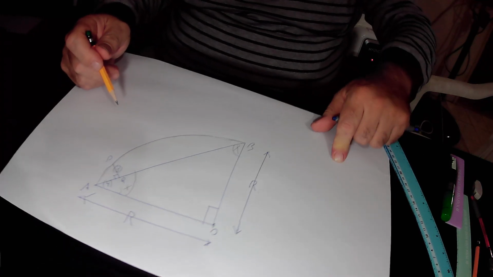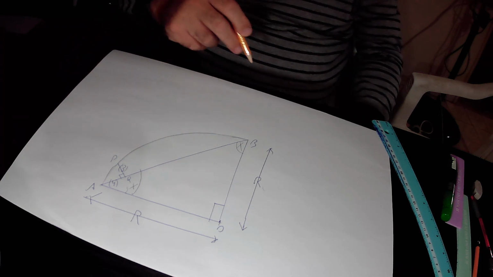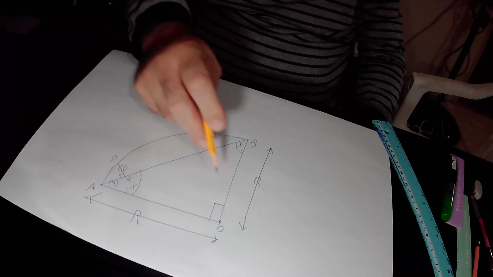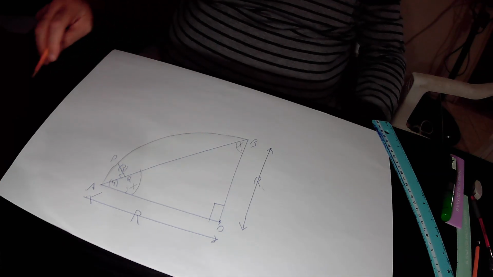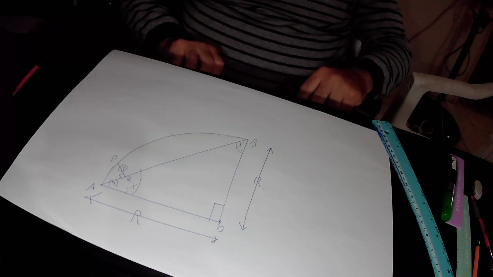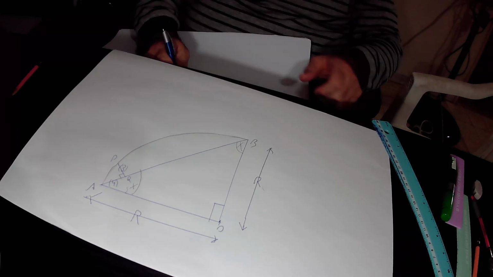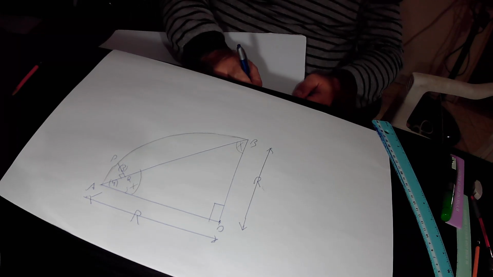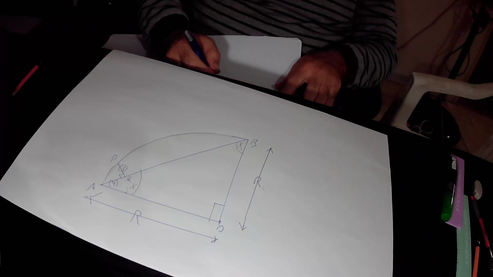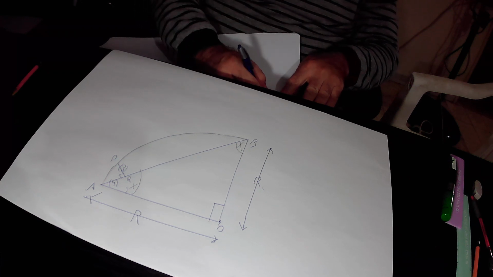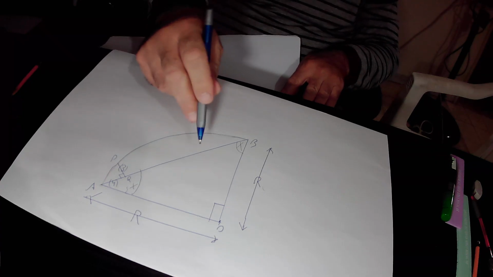We also note that the sum of the angles in any triangle is equal to 180 degrees. So the sum of the angles in triangle AOB must be equal to 180 degrees. That is to say, x plus x, that is 2x, plus 90 degrees, in total must be equal to 180 degrees.